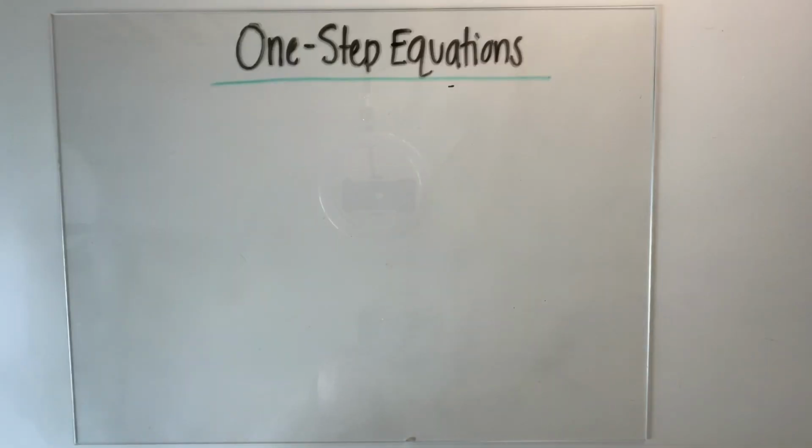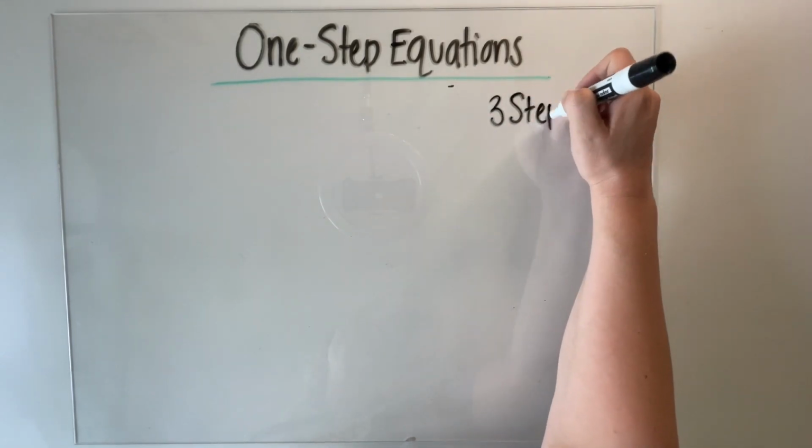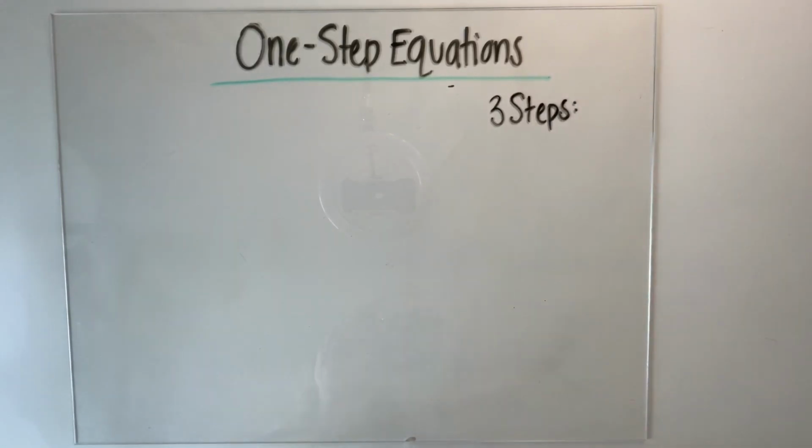In this video, we're going to talk about how to solve one-step equations using 3 simple steps that I came up with. Let's get started. Now, the name is actually a little misleading because I'm going to give you 3 steps on how to solve one-step equations.